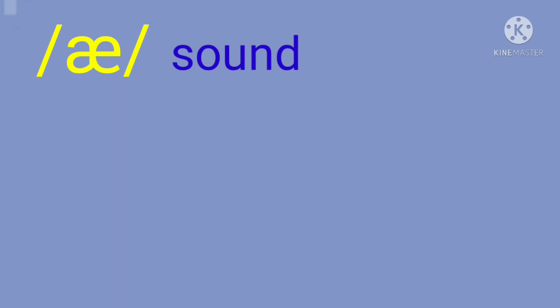The next symbol, the next sound, I don't know how to explain or write it. You just look at the board and see how it has been drawn there. This sound also occurs in the first two positions.